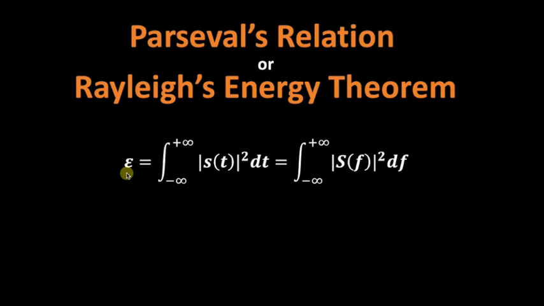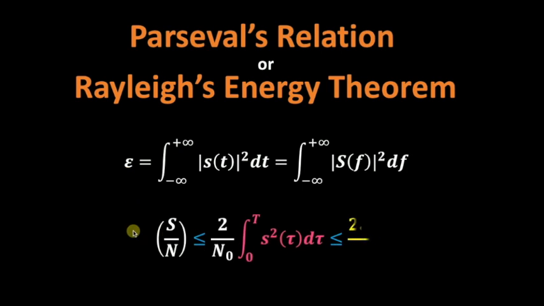Since this form resembles the term in the signal to noise ratio that we previously obtained, we can rewrite the signal to noise ratio as simply twice the energy of the signal divided by n naught. Meaning to say, if we interpret this term, the signal to noise ratio at the output will always be less than or equal to twice the energy of the signal divided by n naught.